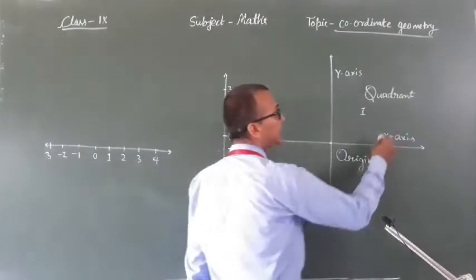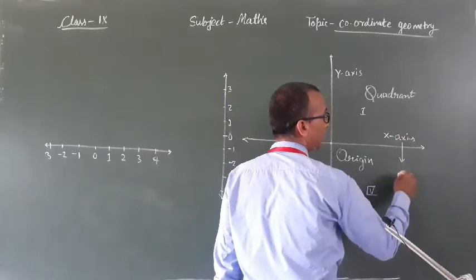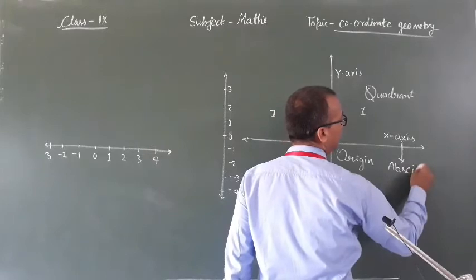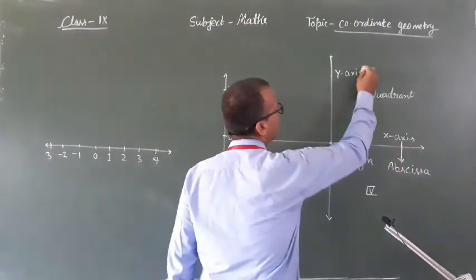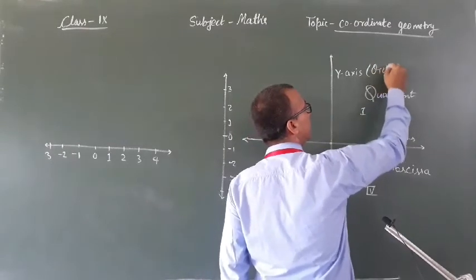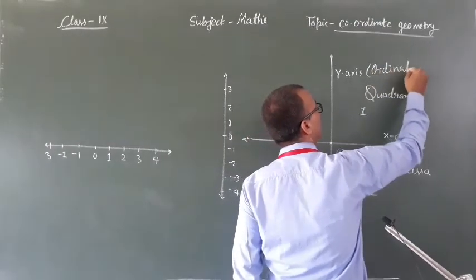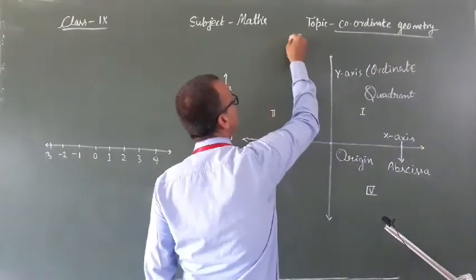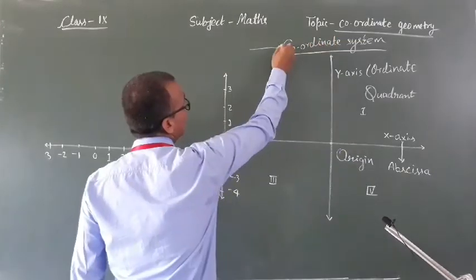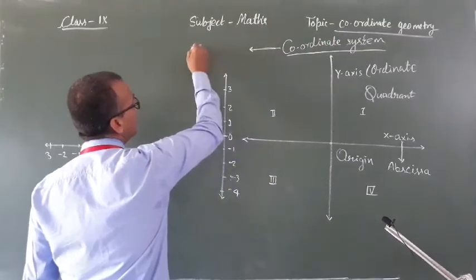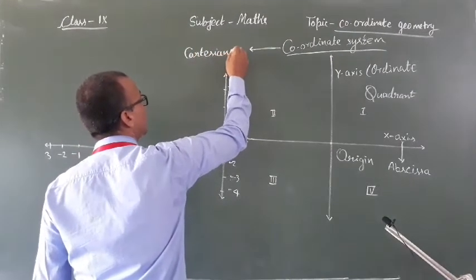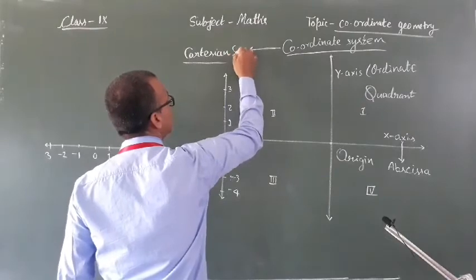Also, the x-axis is known as abscissa, and the y-axis is also known as ordinate, and this system is known as the coordinate system. Another name of this coordinate system is Cartesian system.